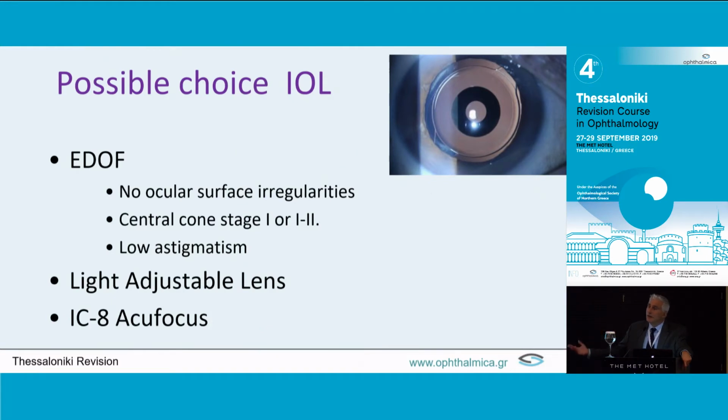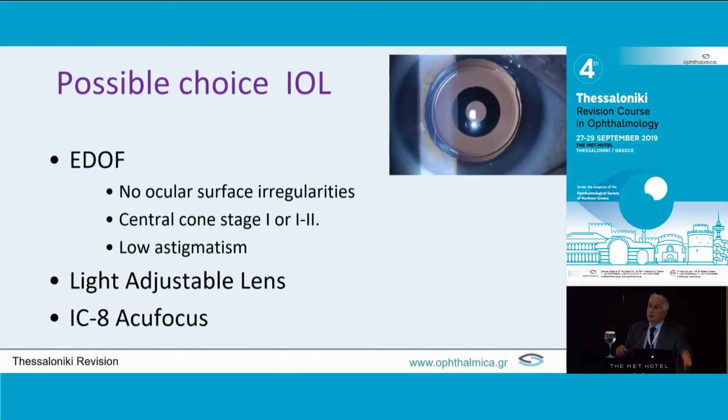I have seen one case where I put an EDOF lens in a very young patient, and recently in the Journal of Cataract and Refractive Surgery, one of the famous cataract surgeons, Samuel Masket, also reported another case of EDOF. Use it with extra care. Do not start with this, but certainly in some cases you may consider it.